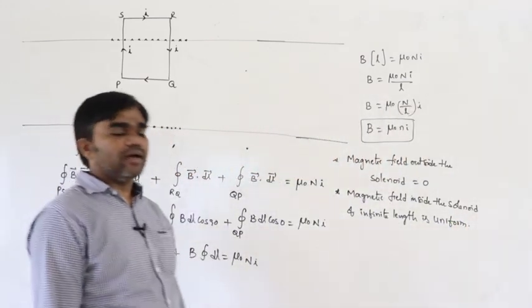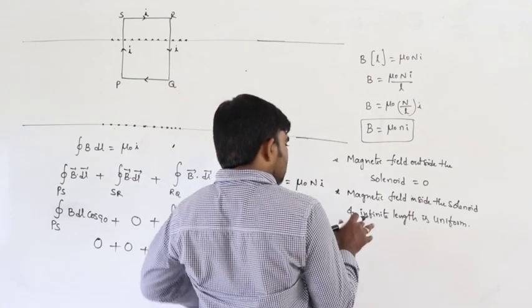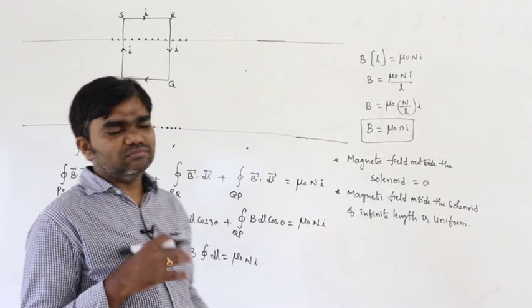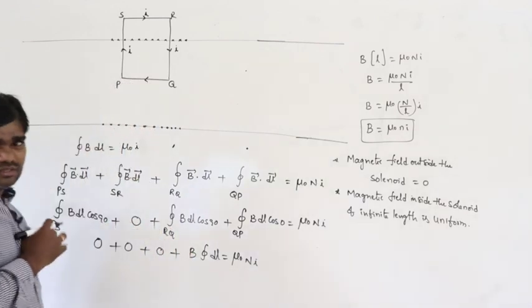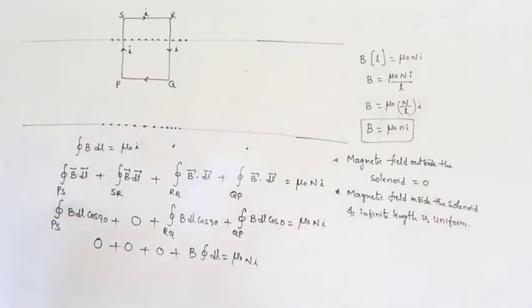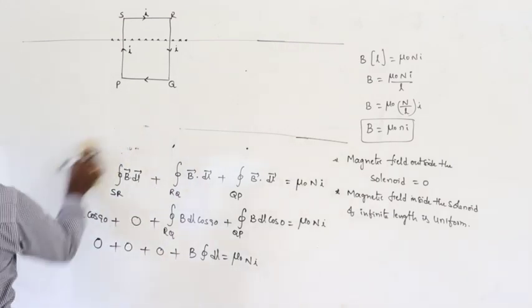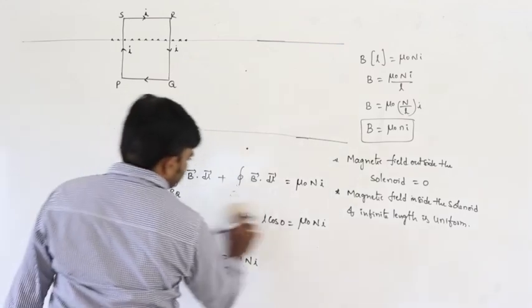Almost uniform magnetic field exists. But for finite length, the magnetic field is not uniform. Definitely it must vary. So that is the situation in the case of a solenoid. This is the complete picture about the solenoid. Next, the next topic, toroid.